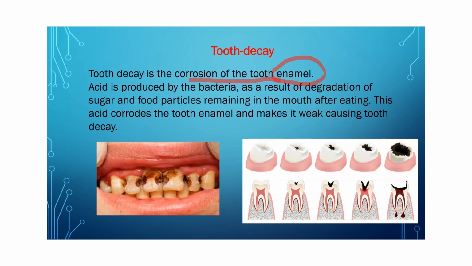Bacteria present in the mouth degrade the sugar and food particles remaining in the mouth after eating, and produce acid. This acid corrodes tooth enamel and makes it weak, causing corrosion, right?